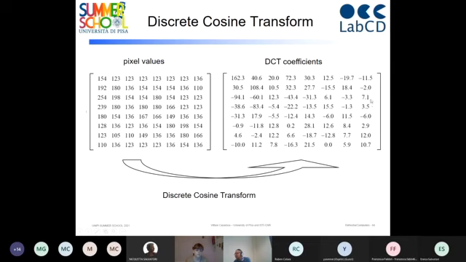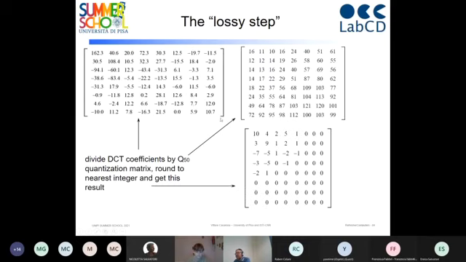So what you want to do is get rid of all this part of the frequencies, because you assume that your eyes will not be able to see them and will not detect if they disappear. So in the next step, you use this quantization matrix, with a simple multiplication and division, in order to get rid of those things.